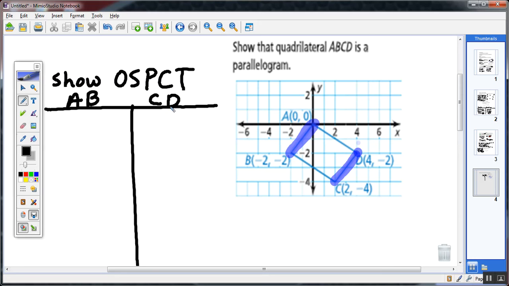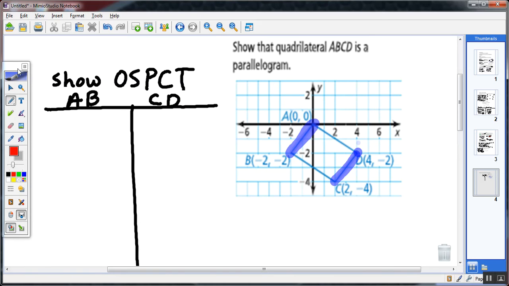Okay, let's talk about the slopes of them first. Up 1 over 1. Okay, the slope from A to B, isn't it really up 2 and over 2? Yeah. Slope from A to B equals 2 over 2, which is 1, right?